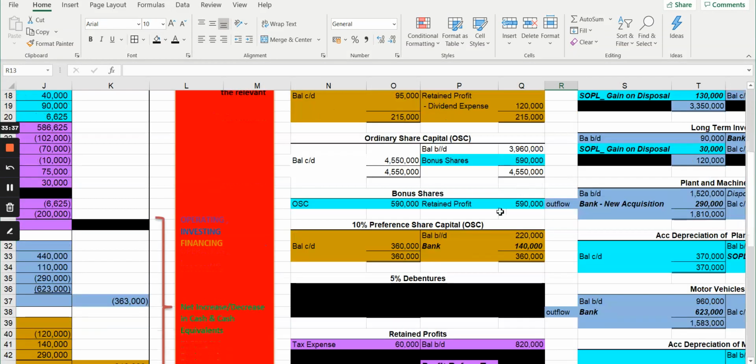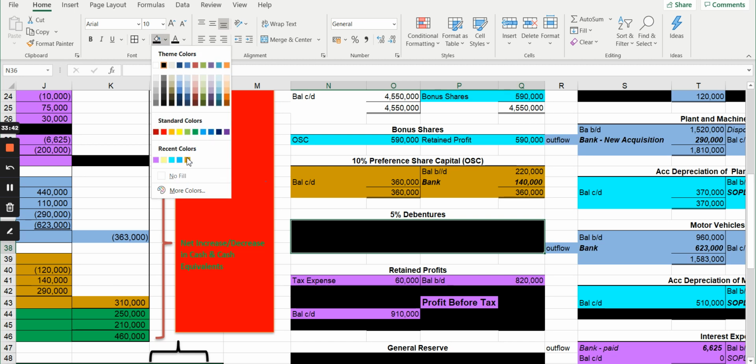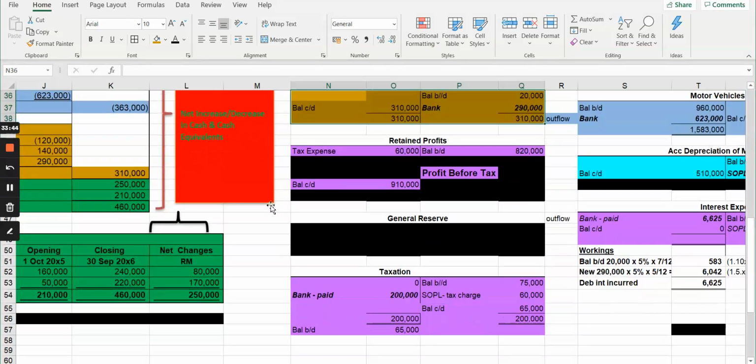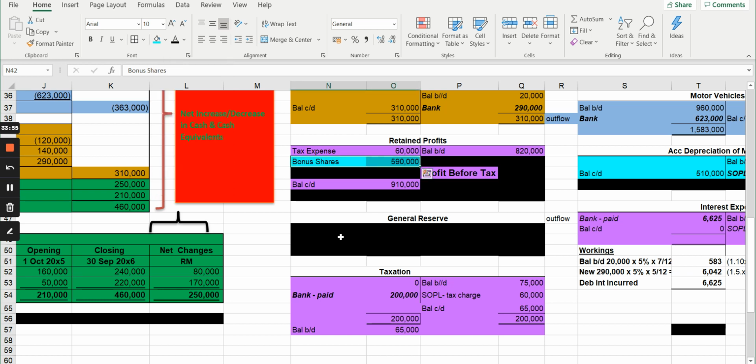So how? Let's look at my accounts here. If you want to have a look on this, why not? Just give you some bonus answer for you. So earlier on, we have the retained profit being utilized for the bonus issue. And remember, these are bonus shares that are non-cash transactions. So I use blue, right? So I said.